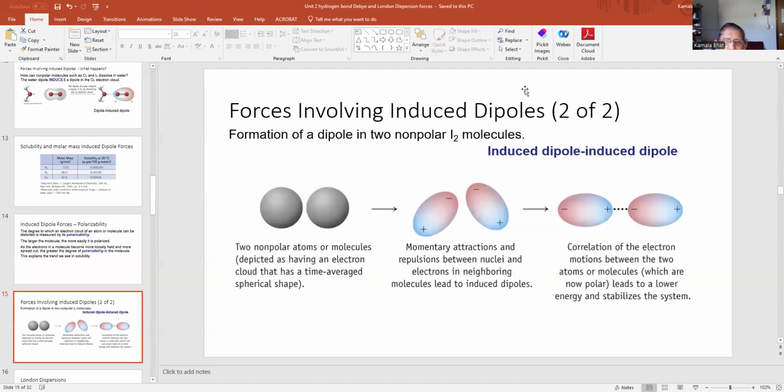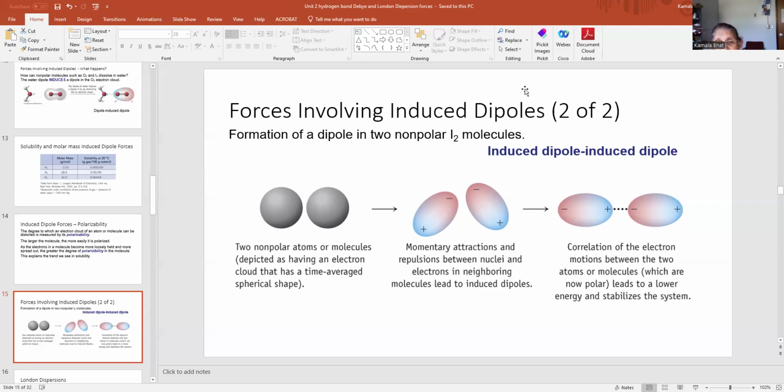Now, forces involving induced dipoles. This is a second set of dipole-dipole interaction, which is considered as the induced dipole. Formation of a dipole in two non-polar I2 molecules is shown. So two non-polar atoms or molecules are depicted as having an electron cloud that has a time-averaged spherical shape.